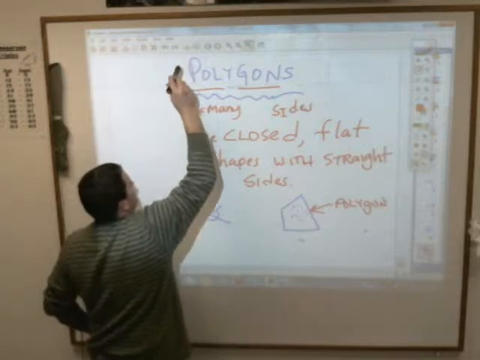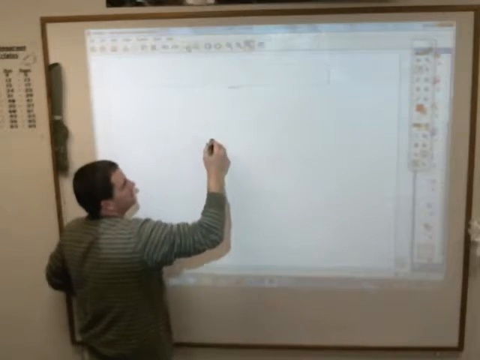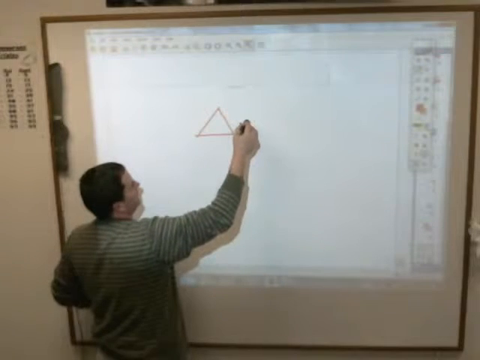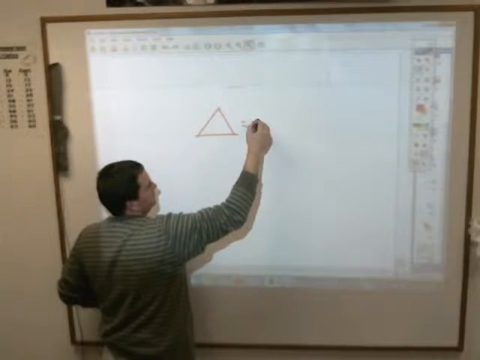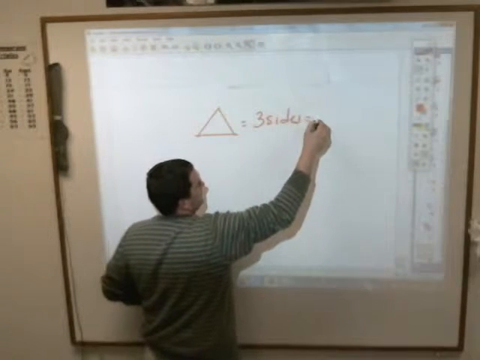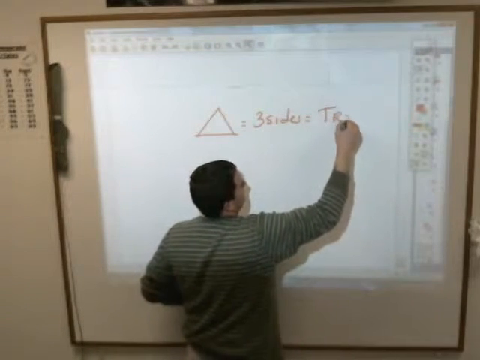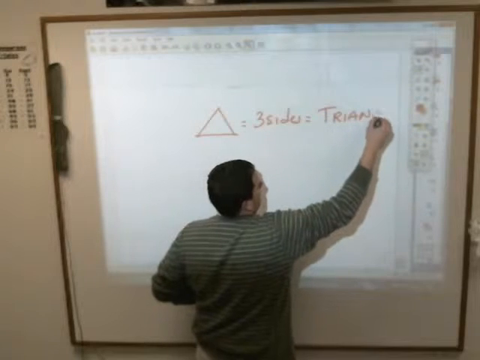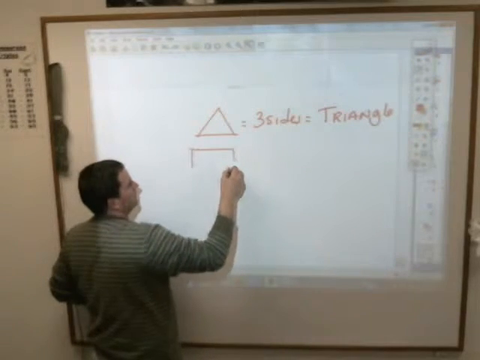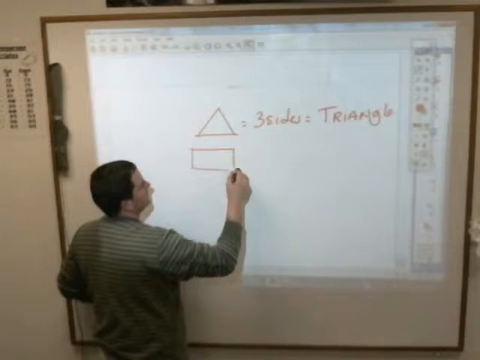And we've got these shapes and these names. You should probably know this. Okay, a three-sided polygon is called what? Triangle. Four-sided thing. A lot of people get this wrong.